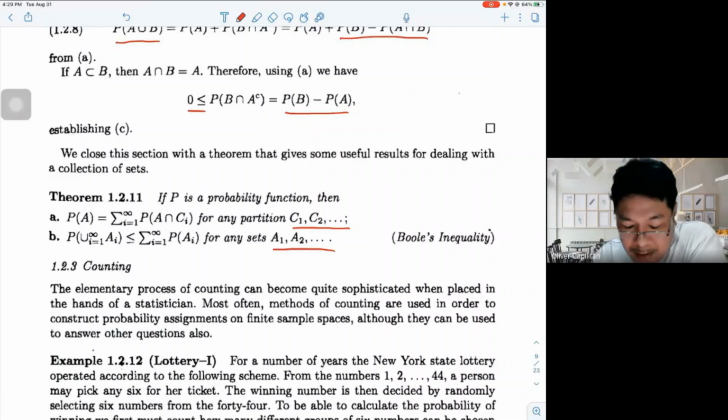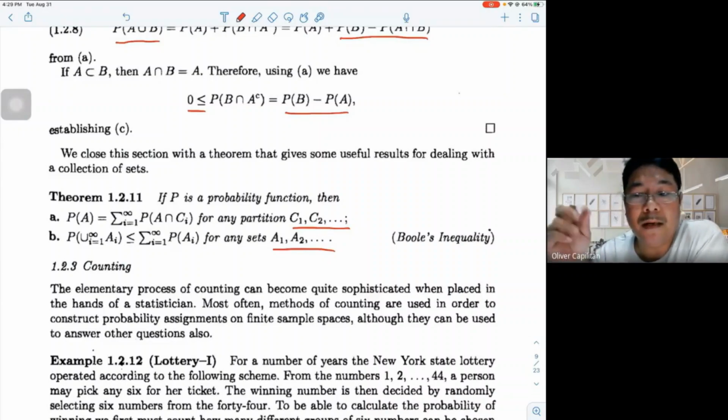So in this case, for letter B, the collection of these events, A sub 1, A sub 2, these events are not mutually exclusive, and at the same time, not exhaustive. The specific example of property B here is actually property B also in Theorem 1.2.9.